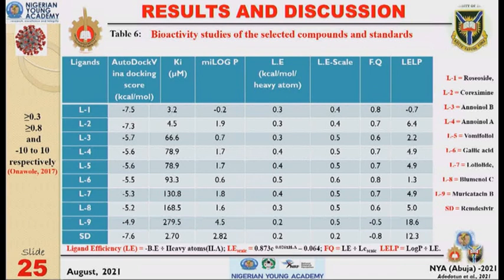At the end of the day, we have just 2 ligands, based on the parameters that we use, that interact effectively with the active site of the target receptor. Those 2 ligands were subjected to the last analysis, which is to check the binding mode and molecular interaction of these 2 ligands in the active site and see if they interact with the essential amino acids that we have mentioned earlier. Next slide.